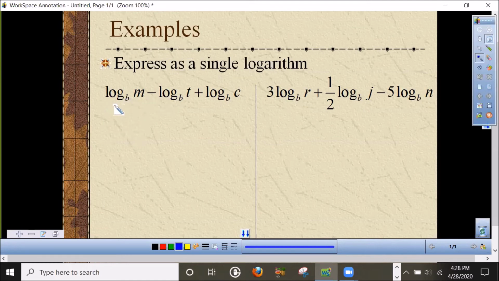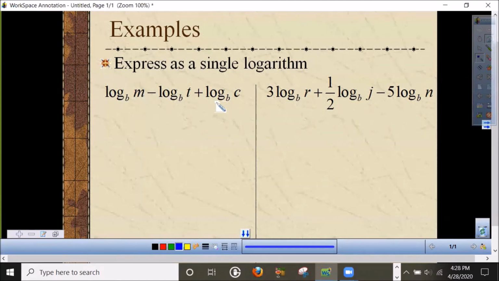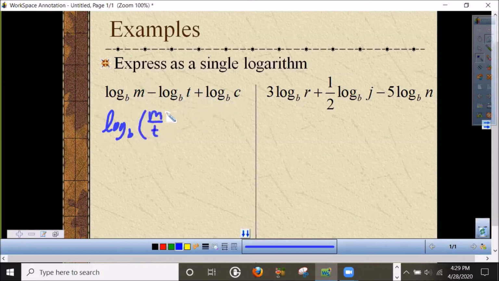So the first example starts log base b of m minus log base b of t plus log base b of c. It's important to remember that the base must be the same if we are going to use these properties of logs. So the log base b of m minus the log base b of t could be written log base b of m over t.